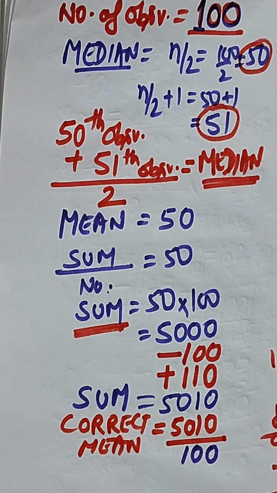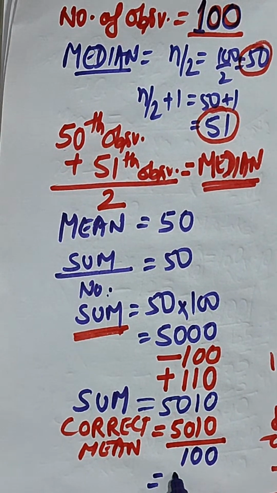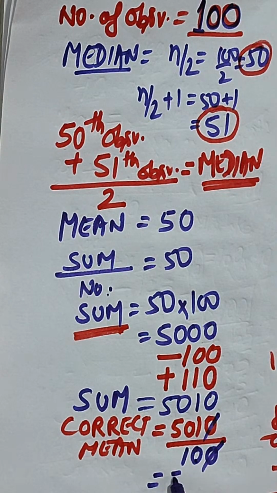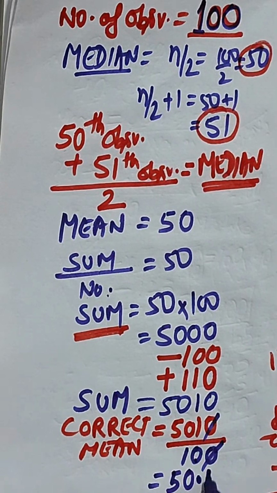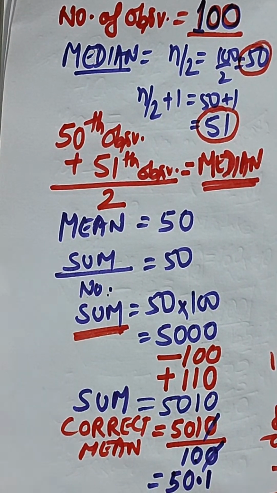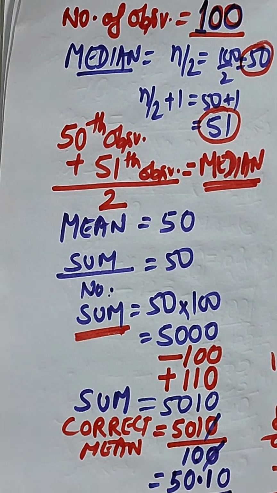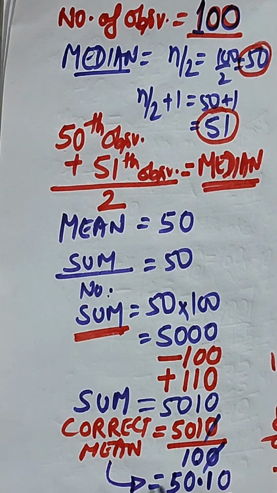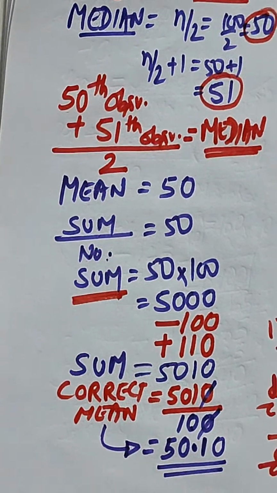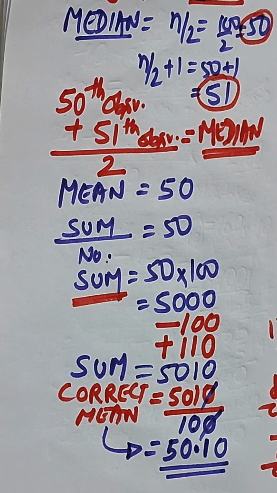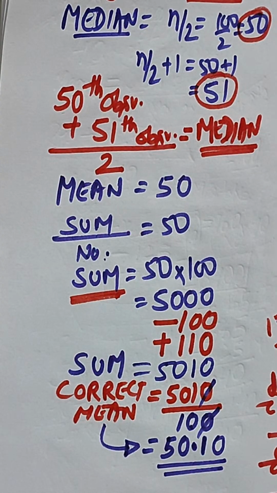The 00 will be cancelled, the 10 will divide this, so this will give you 50.10. So this is the correct mean, 50.10.